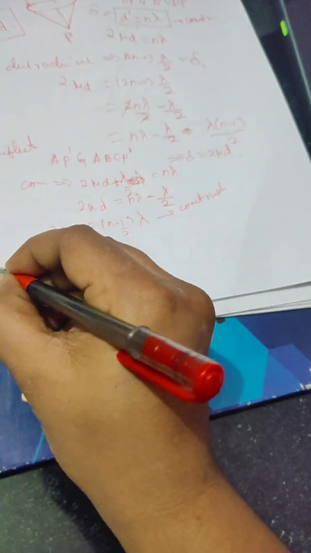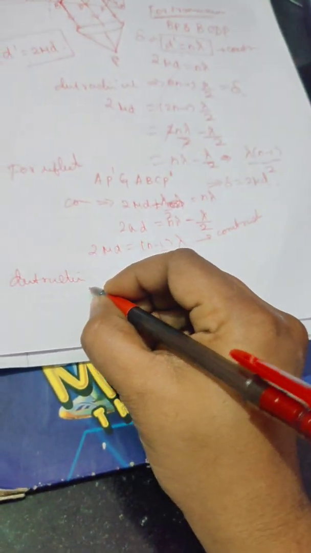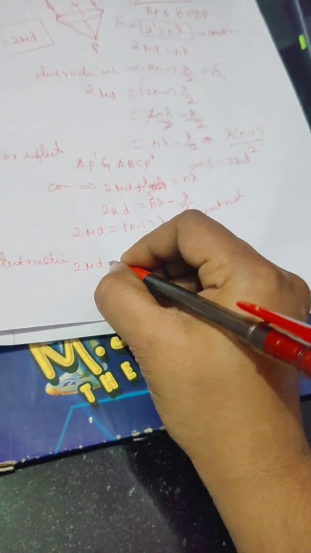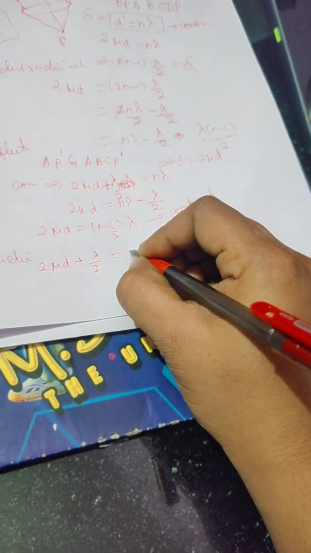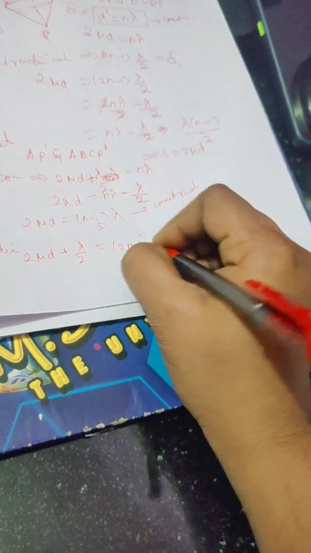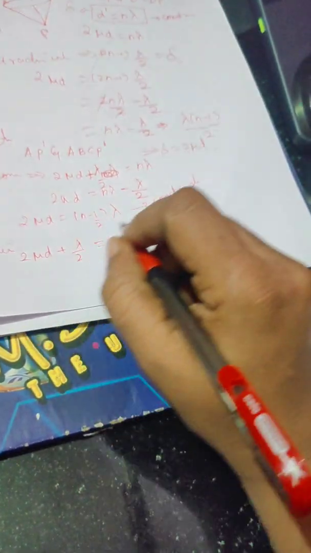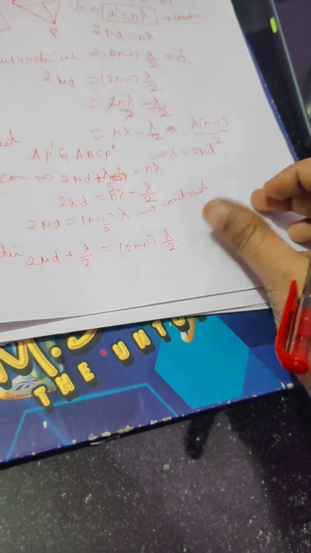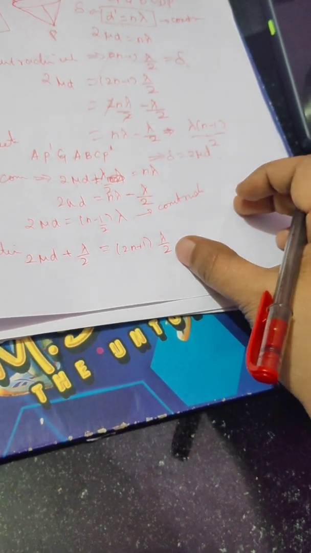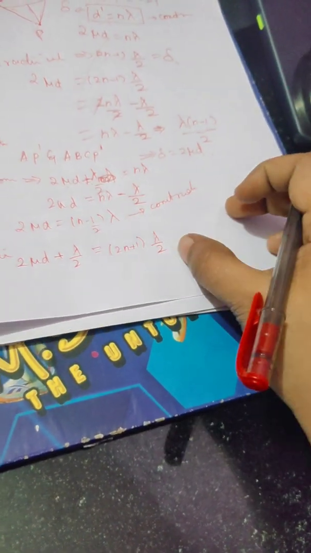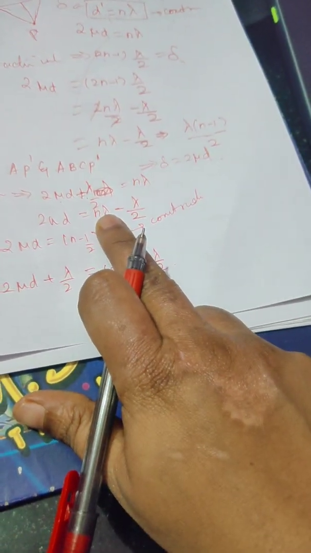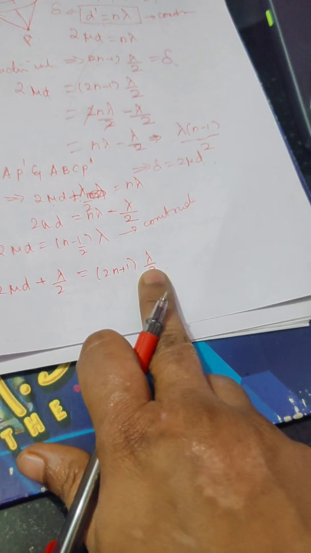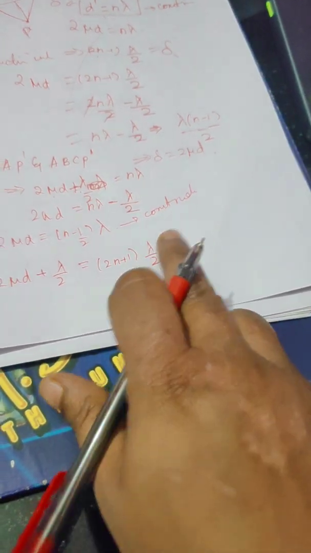Again I'll have the destructive here. Here also the same distance: 2 mu d plus lambda by 2 is equal to 2n plus 1 lambda by 2. This is for destructive, because we saw this equation in the previous topic itself. n lambda is for the constructive, 2n plus 1 lambda by 2 is for destructive.